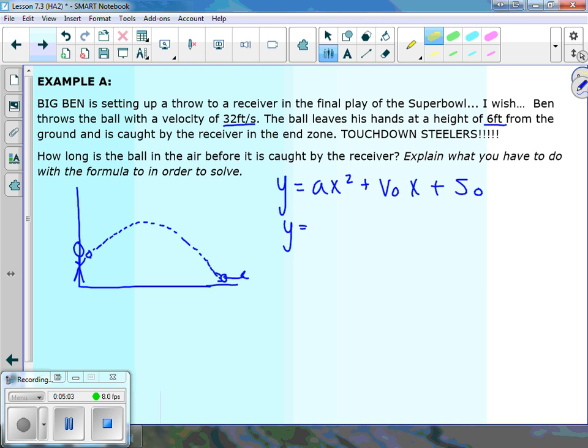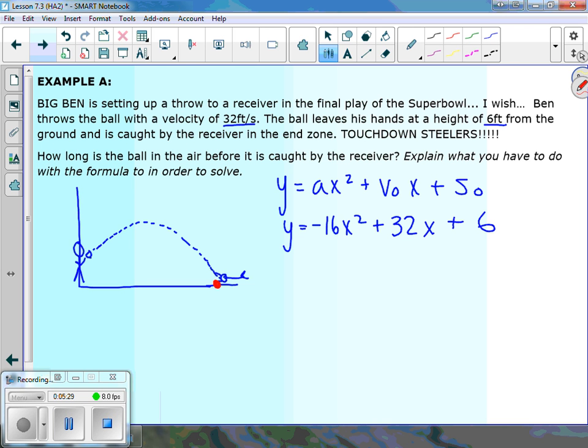And since our units are in feet, we're going to choose the acceleration due to gravity, which is basically consistent on Earth, to be negative 16 x squared plus the initial velocity, 32x, plus the initial height, 6. There's our equation.